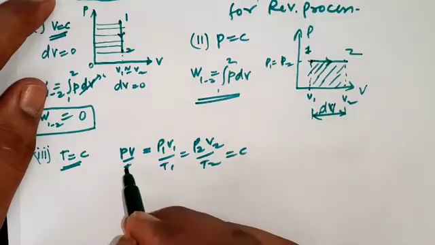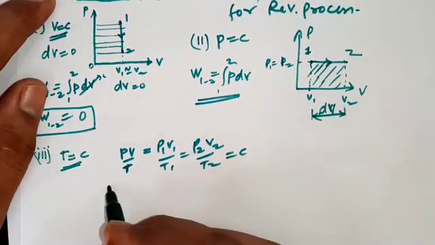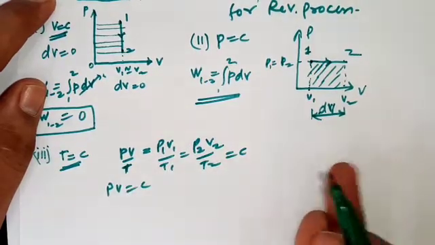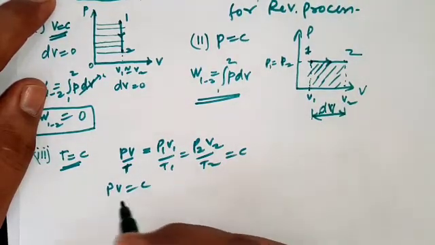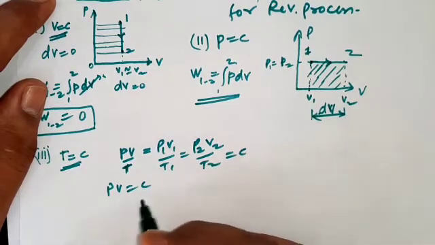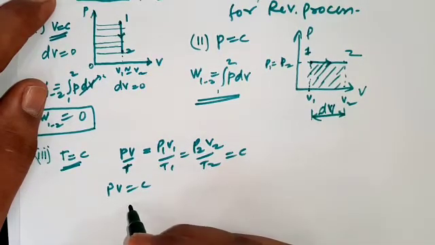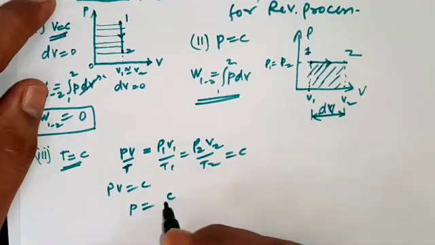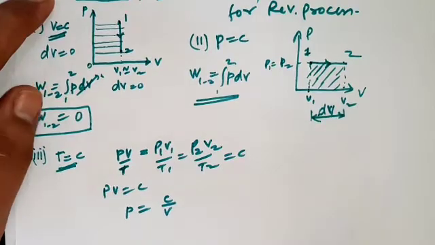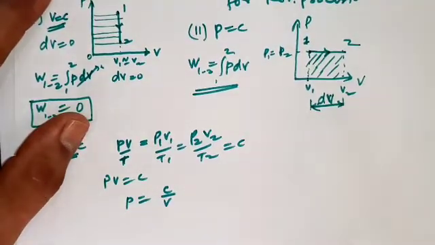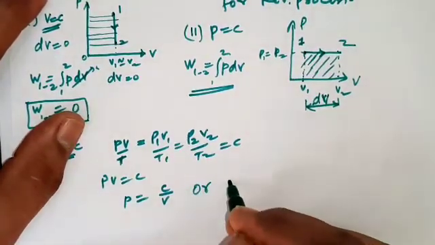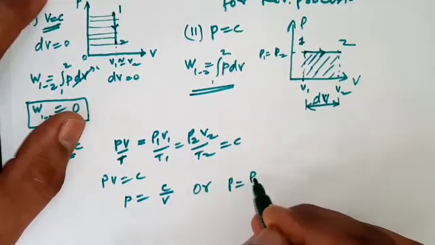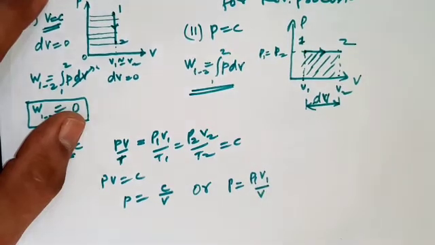Okay, if T is constant, then we can say PV is equal to constant because T is common. So we can say PV is equal to constant, or P is equal to C upon V, or P is equal to P1 V1 upon V.